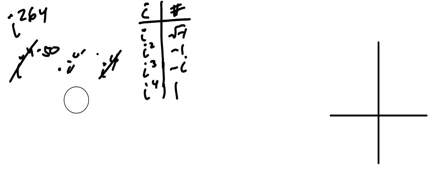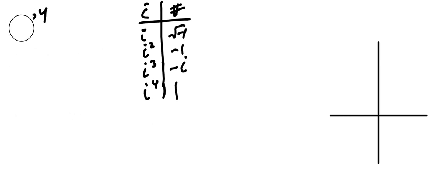Now, let's try a little more of a conceptual problem here. Let's say we have this expression, 1 over i. How are we going to find this out? Well, let's use the property that i is equal to the square root of negative 1.